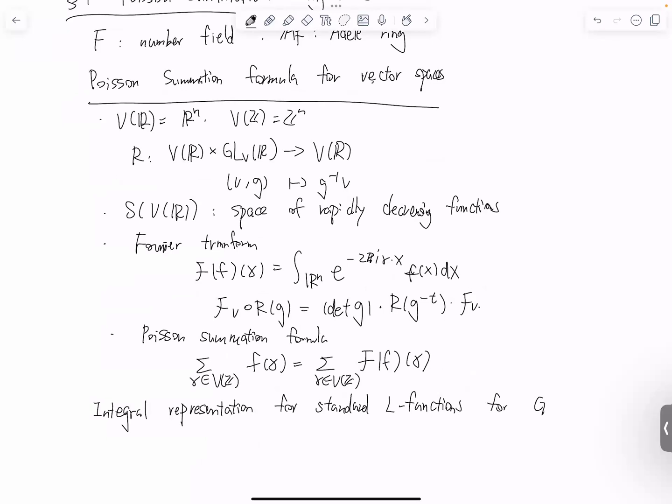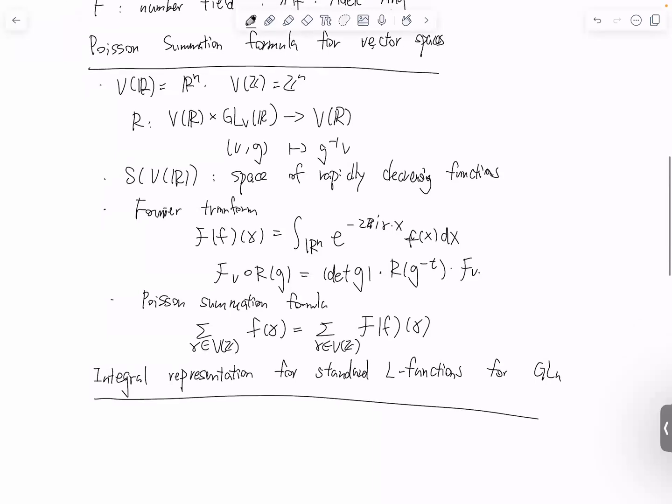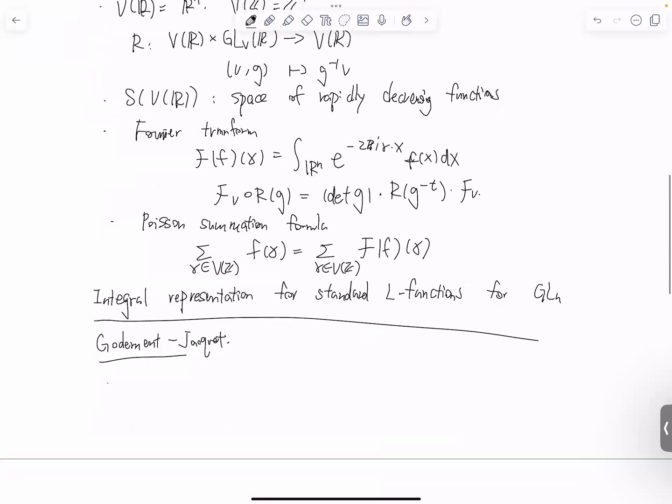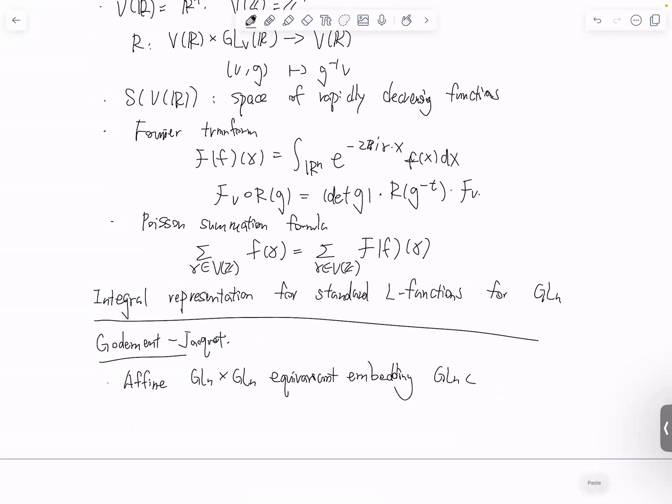for GL_N, which is a motivation of our integral representation of triple product L functions I will talk about in the second part. This is by Godement and Jacquet. The main thing to notice is that there is a GL_N cross GL_N equivariant embedding from GL_N to the n by n matrices, which I denote by M_n.